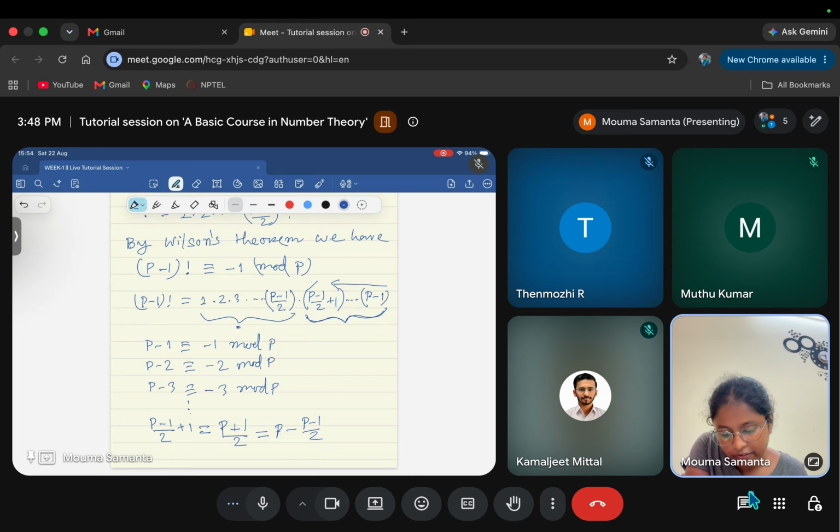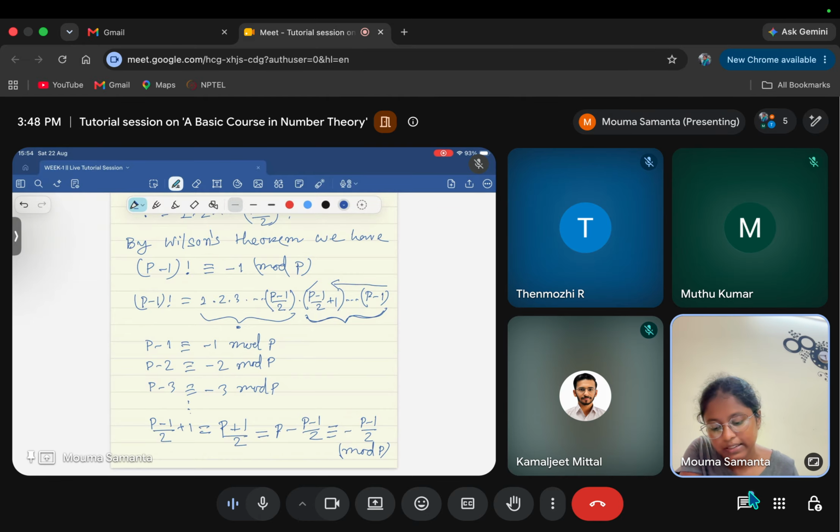Now see, if we take modulo p, then we will get (p minus 1)/2 plus 1, that means this last term is congruent to just minus (p minus 1)/2 under modulo p.